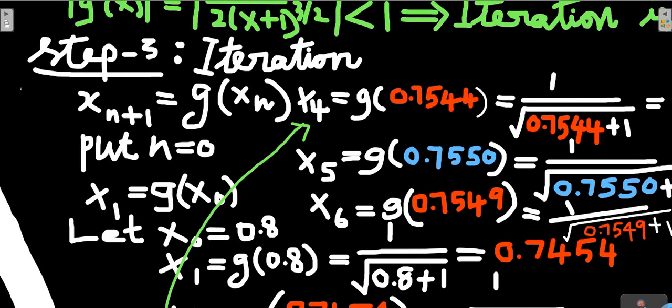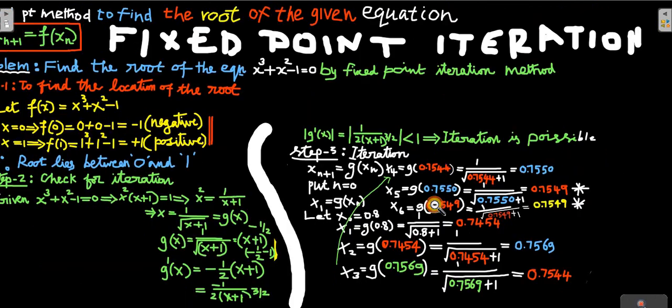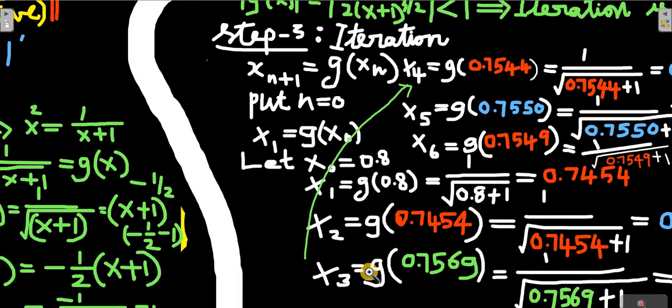Step number 3, the iteration step. Let us maximize so that you understand very clearly.